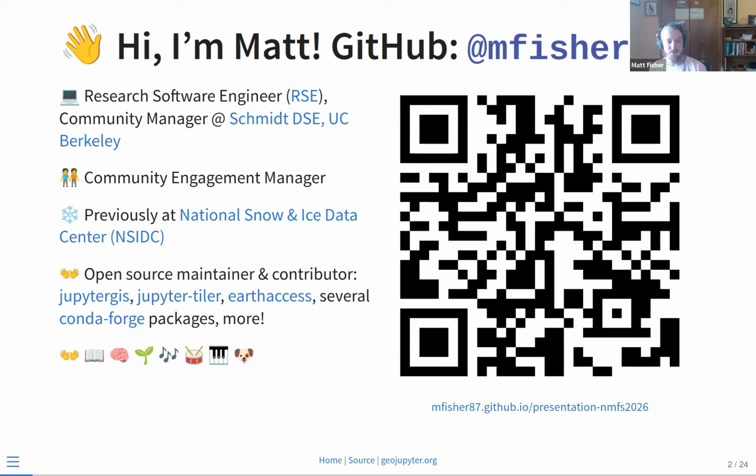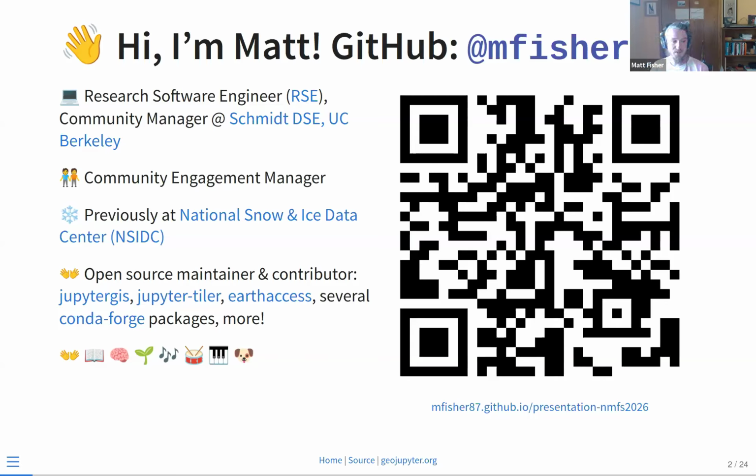I used to work at National Snow and Ice Data Center until about a year and a half, 2 years ago, where I was there for about 8 years working on data processing, publication, visualization, pipeline development, kind of all over the cryospheric data software engineering space.